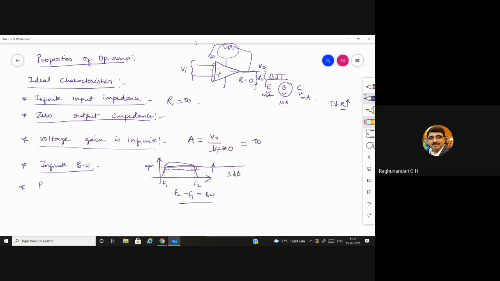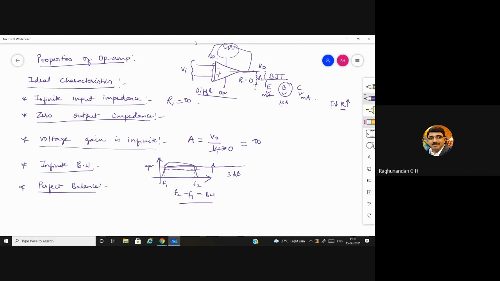Next is the perfect balance. Suppose this op amp is a differential op amp. As we know, a differential op amp takes the difference between the two input signals, adds some gain to it, and gives the output.